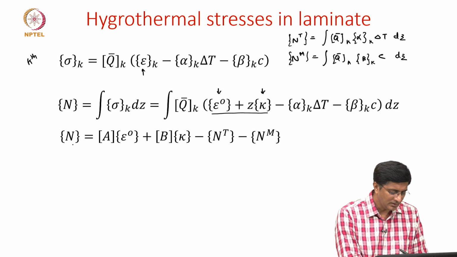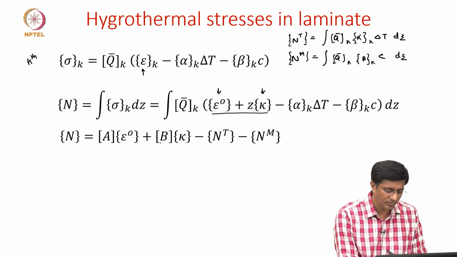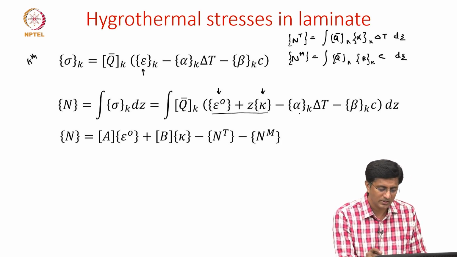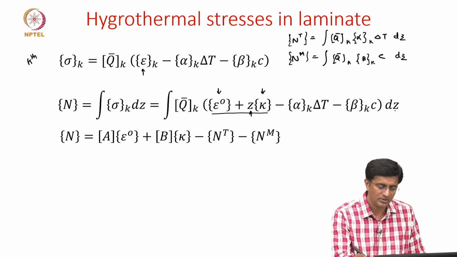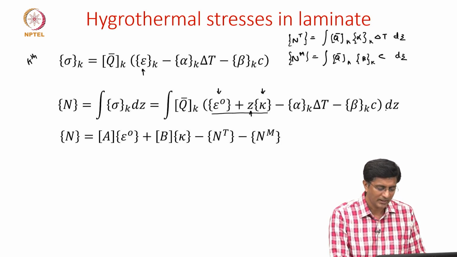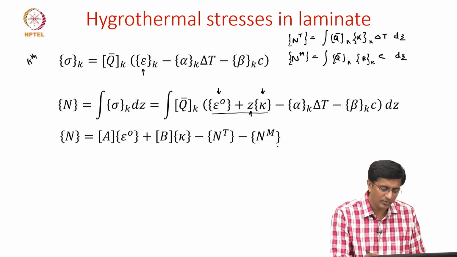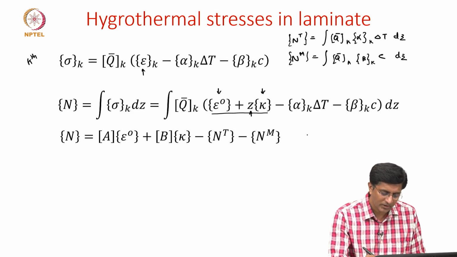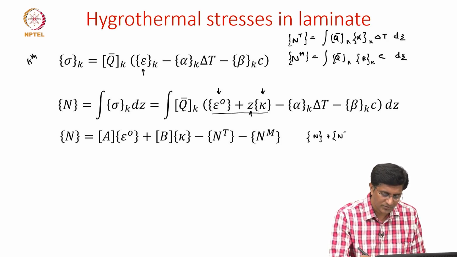Now this force N is given in terms of the A matrix and the B matrix, because Q times dz will give you the A matrix, and the B matrix we get from Q times the z term times dz. And N t and N m I just showed you. So this expression can again be rewritten, because once we move all the forces to one side of the equation, we can write it as N plus the forces from temperature plus the forces from moisture.